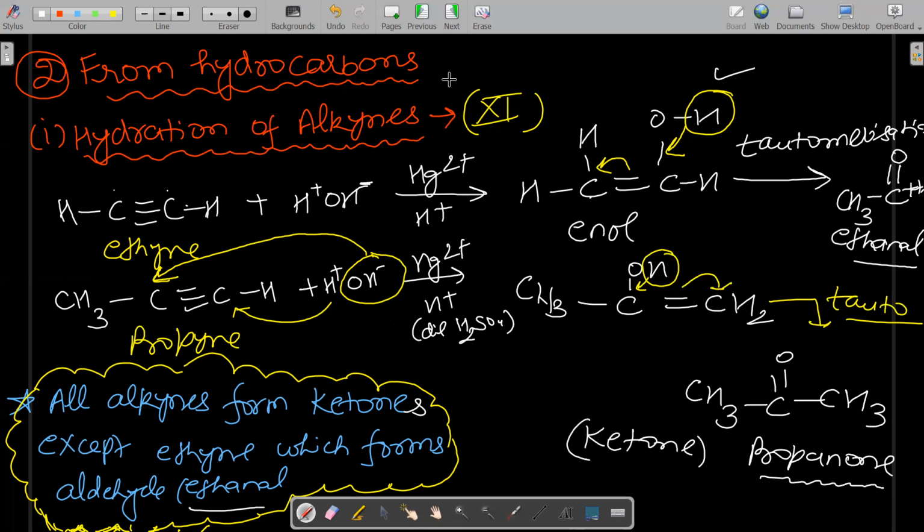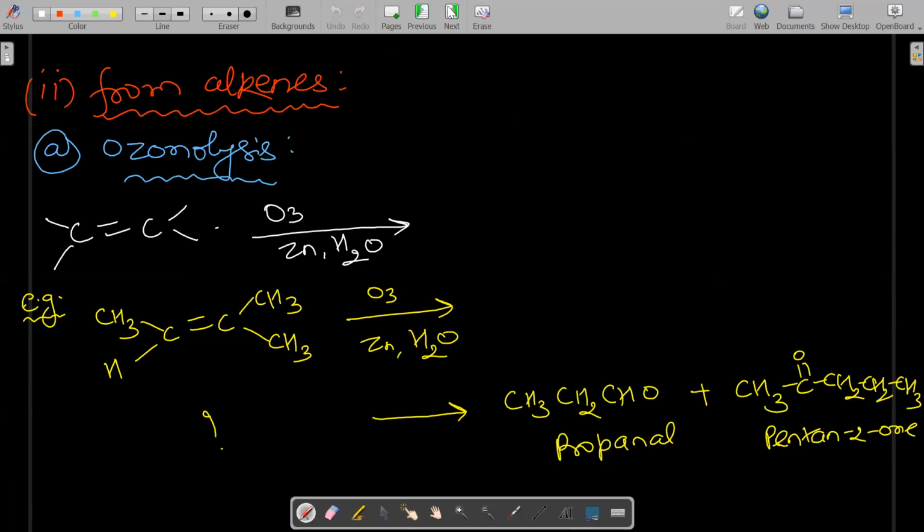Is it clear? Okay. So the next is from alkenes. In alkenes, there are two reactions. One is ozonolysis, which you already read in class 11th and in the previous chapter also. So what is the ozonolysis reaction? All of you are aware of this. Again, I'm repeating.